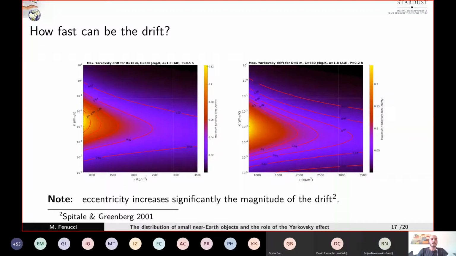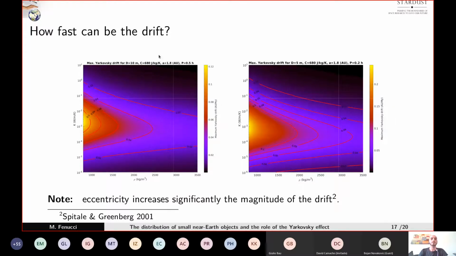Okay, thank you. Because the thermal conductivity affects the drift, and it can change the magnitude of the drift by some orders. So here, for instance, I'm showing the magnitude of the Yarkovsky drift as a function of the density of the asteroid and the thermal conductivity of the surface.